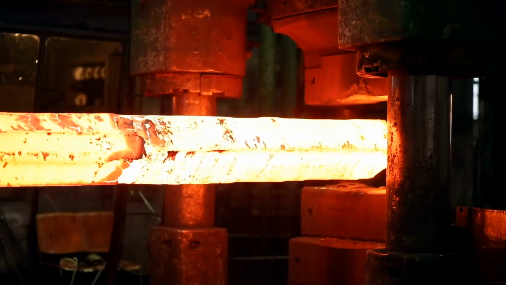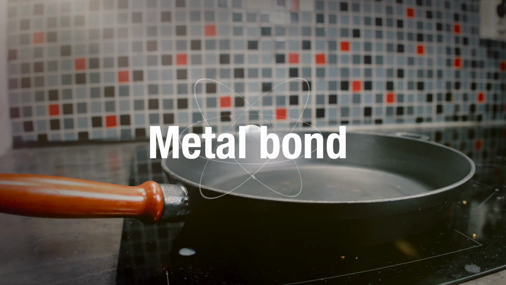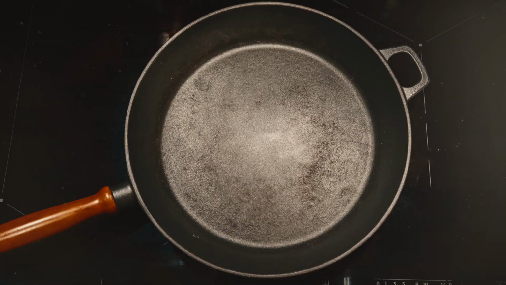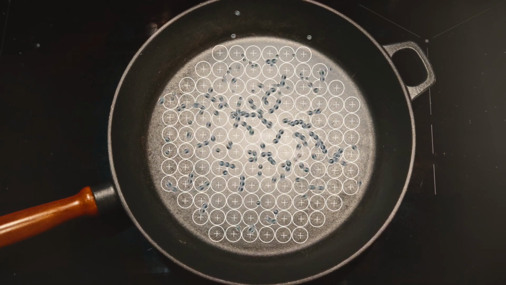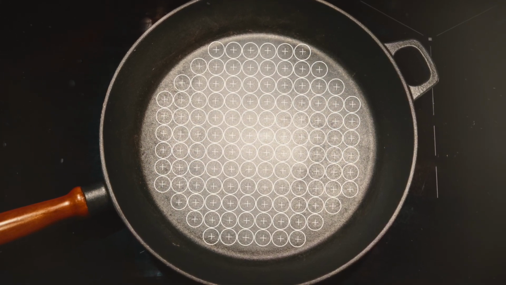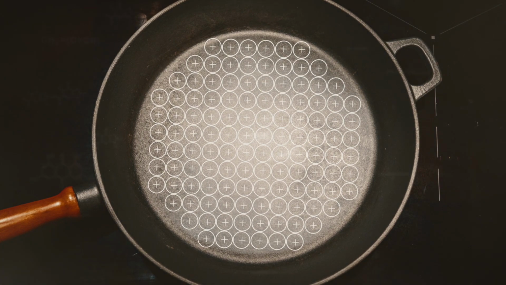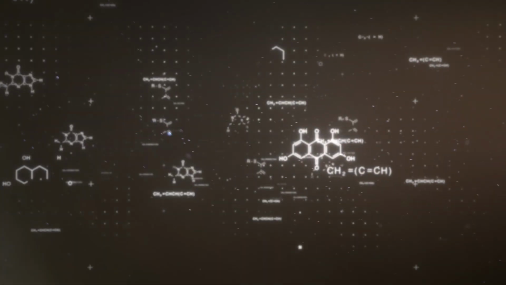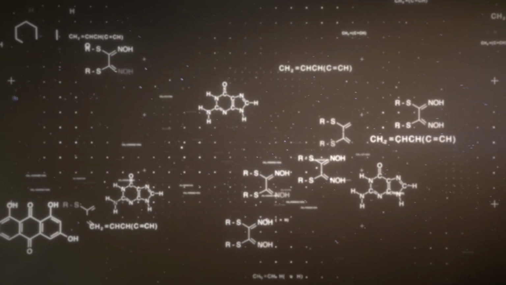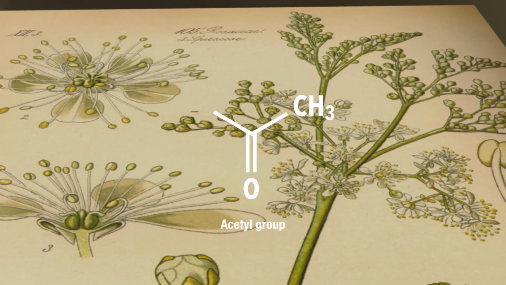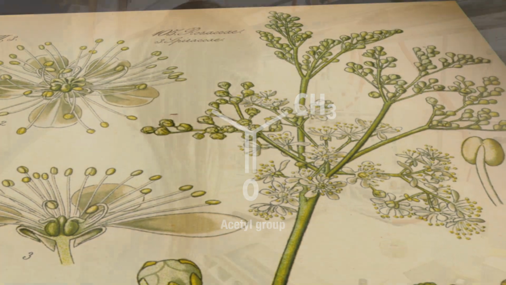And then we have the metals, which often have some special properties. Metals can form a special type of bond, simply referred to as a metal bond, in which electrons can move freely around the atoms and form almost like an electron cloud around the positively charged metal ions. And even within larger molecules, certain combinations of atoms can form especially strong groups together, just like in our example with meadowsweet.